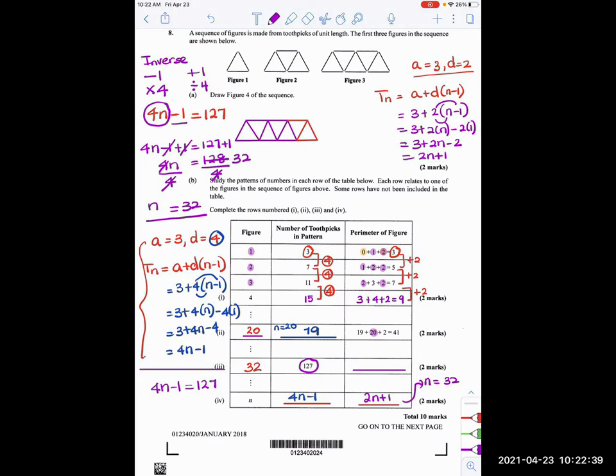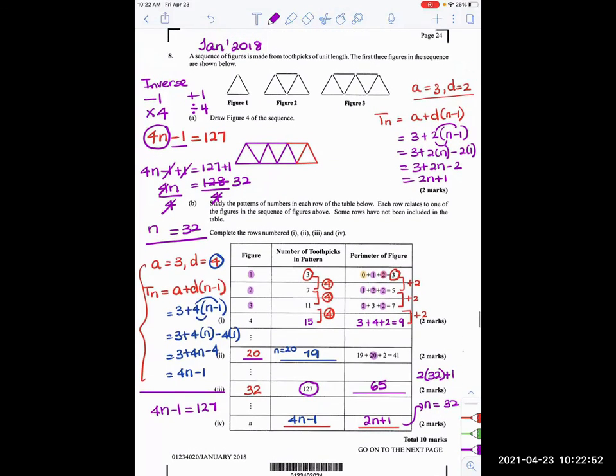All right, so we are supposed to have 2 times 32 plus 1, plus 1. Here we will get 65. Did you all get that? Yes, miss.